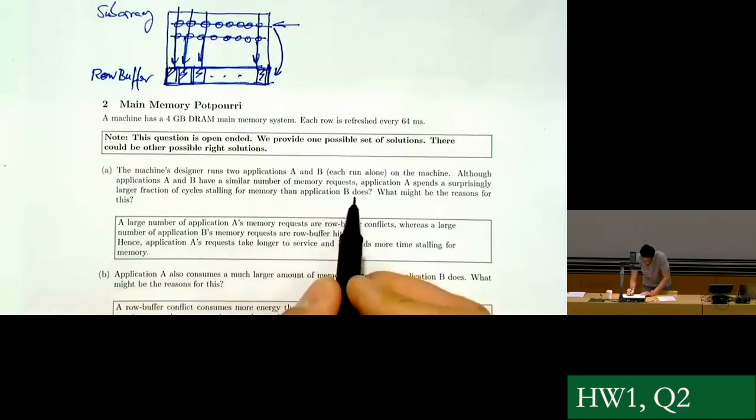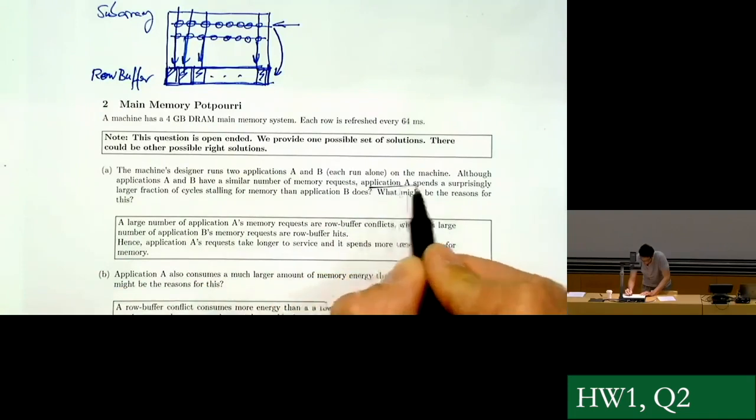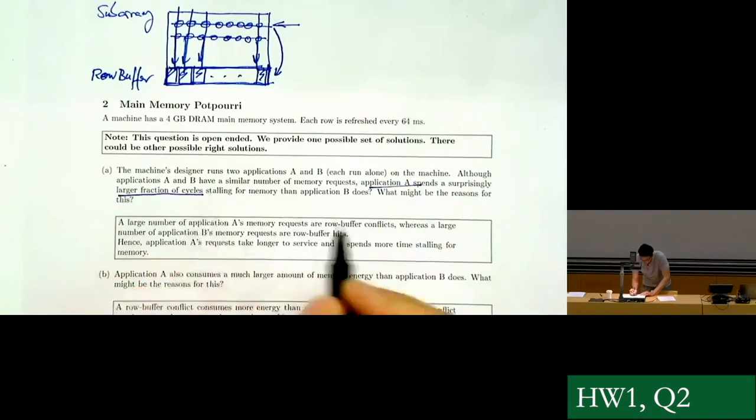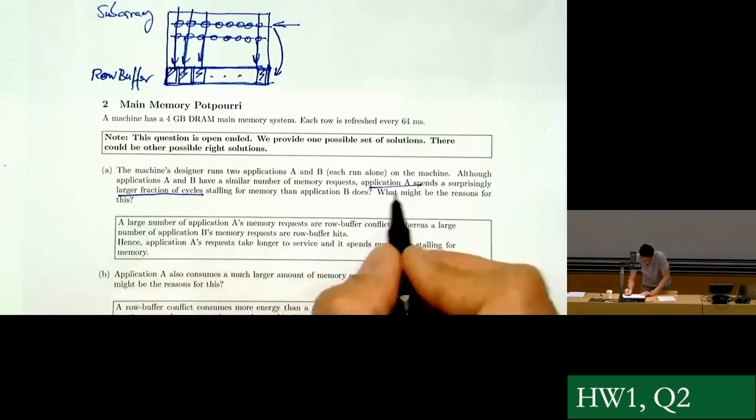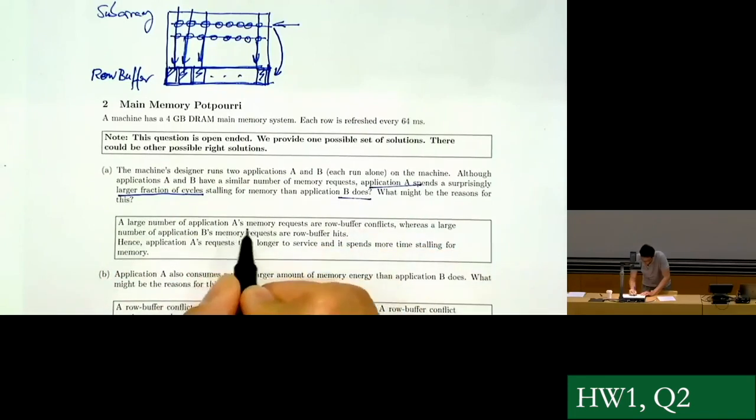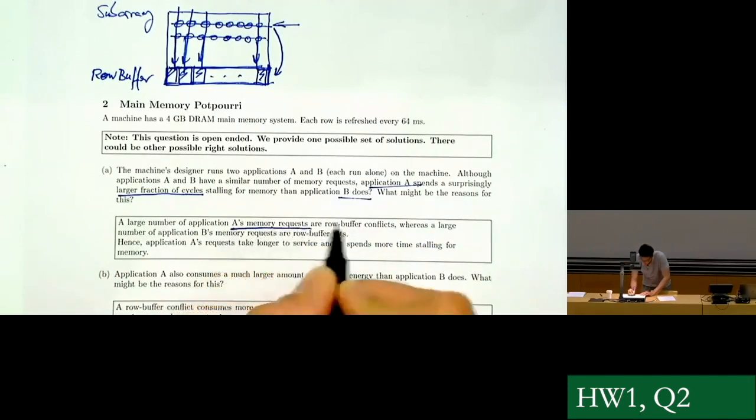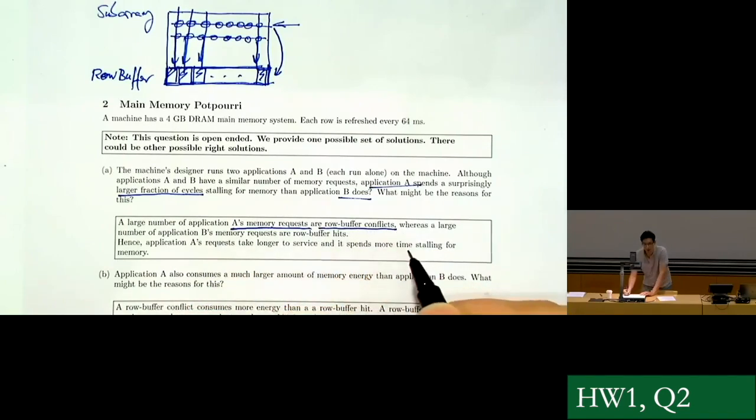Application A takes a larger fraction of cycles than B, right? So it's likely that A's memory requests are row buffer conflicts.